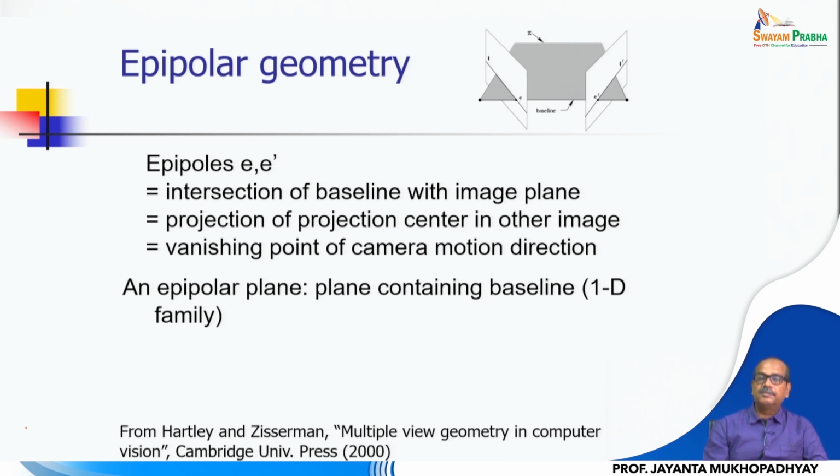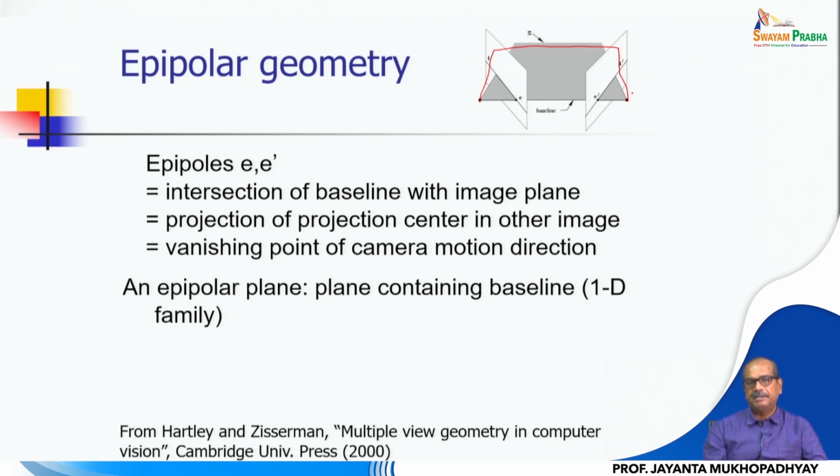And then about the epipolar plane, it is a plane containing the baseline. So that is what we are considering. If I consider any plane passing through the baseline, which means the baseline acts as an axis, the cylindrical rotation will give you every plane.